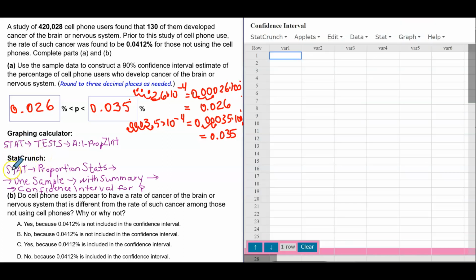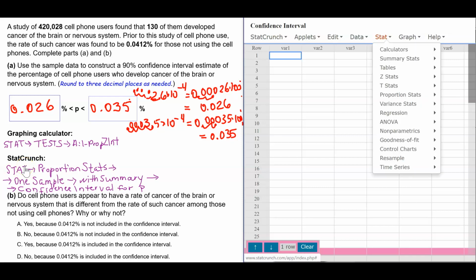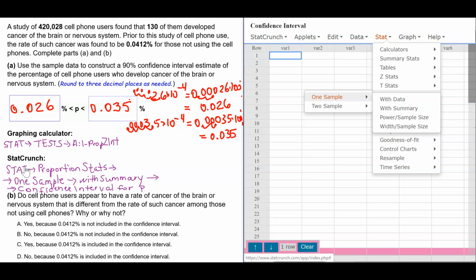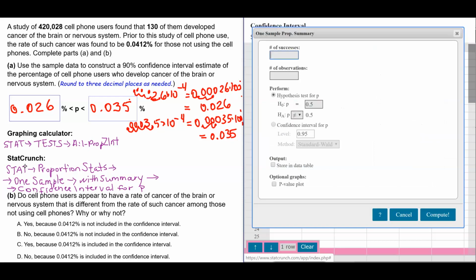In StatCrunch, you're going to go to Stat, and then go down to Proportion Stat, then click One Sample, and then we can choose with Data or with Summary. We have a summary in our case, so we're going to choose with Summary.